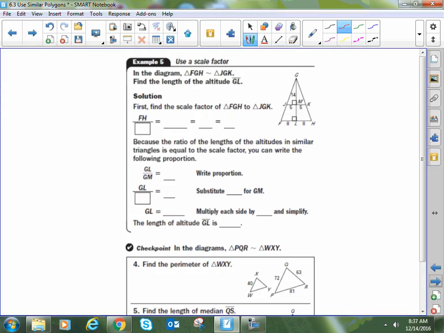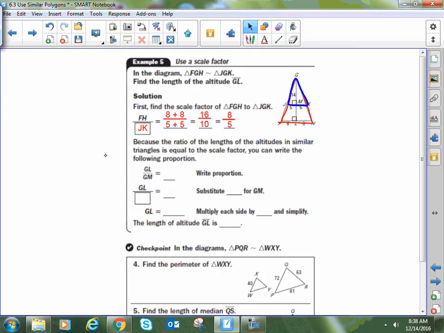So here, find the scale factor of the two triangles FGH to JGK. Because I'm saying the first triangle FGH, which is the big triangle, to GJK, which is this triangle right here in blue, we're going to pick a side from the red triangle and compare it to a corresponding side of the blue triangle.